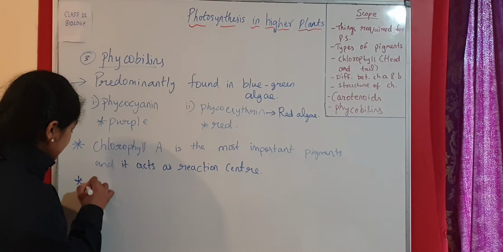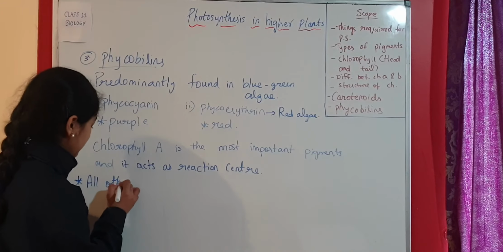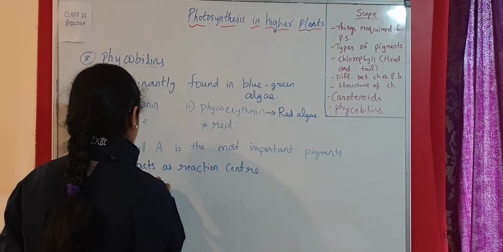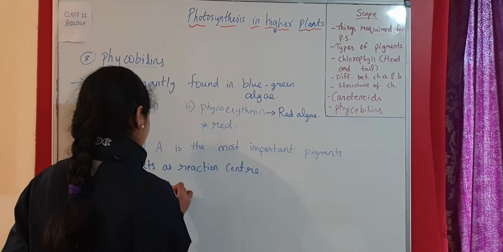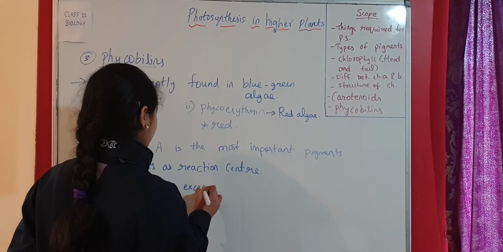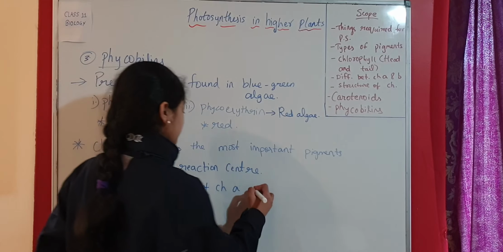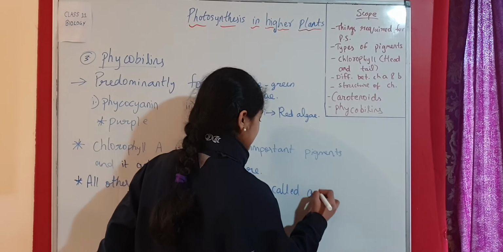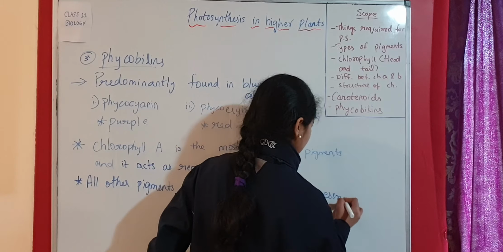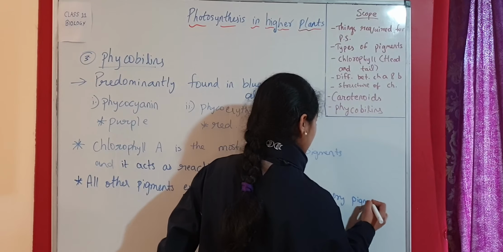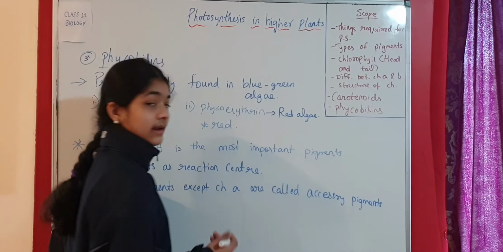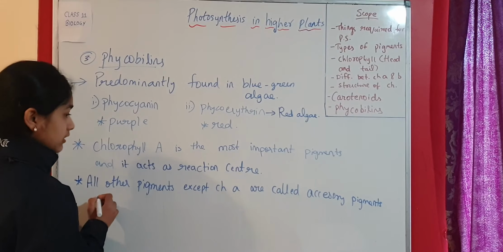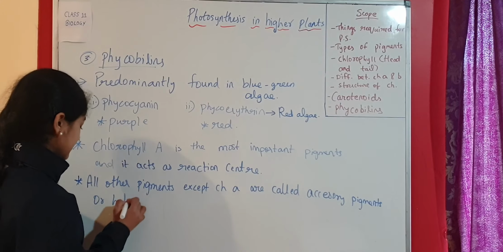All other pigments except chlorophyll A are called accessory pigments, and they help in photosynthesis. Accessory pigments or helping pigments.